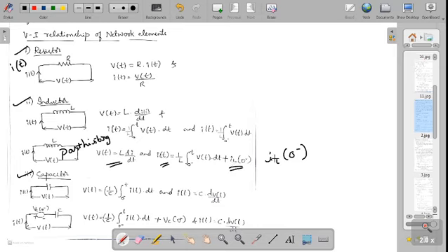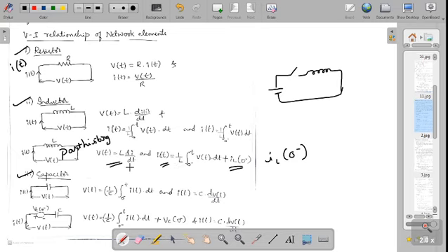What is this I L of 0 minus? This is the current which is carried by the inductance before the closing of the switch. This is the time before the closing of the switch. If you have the circuit here, and this is the switch, and this is the inductor, this I L of 0 minus is the current which is already carried by the inductor before closing the switch.